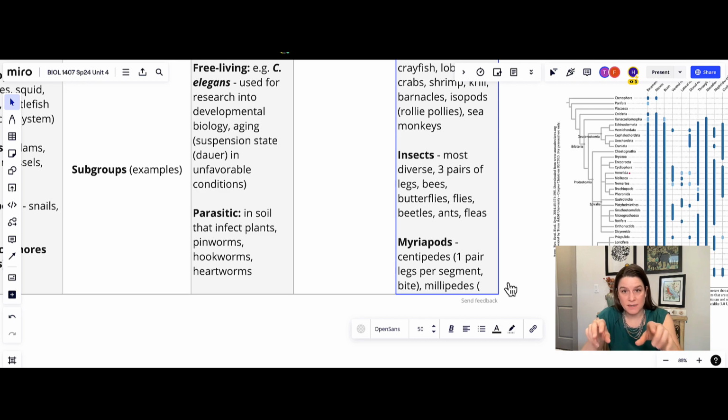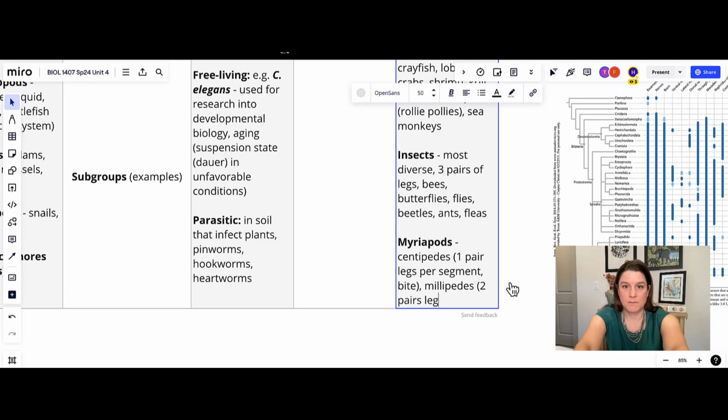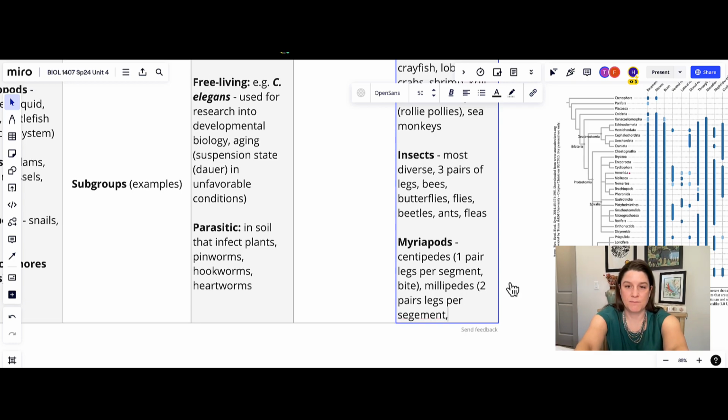If it has 2 pairs per segment, it's a millipede, and it would be safe to move. If it has 1, don't touch it. So 2 pairs of legs per segment. They don't bite.